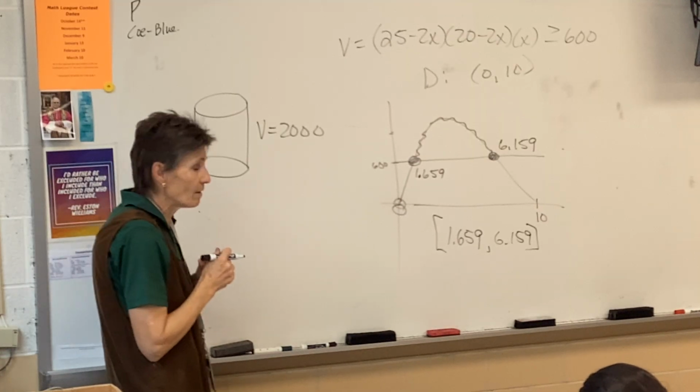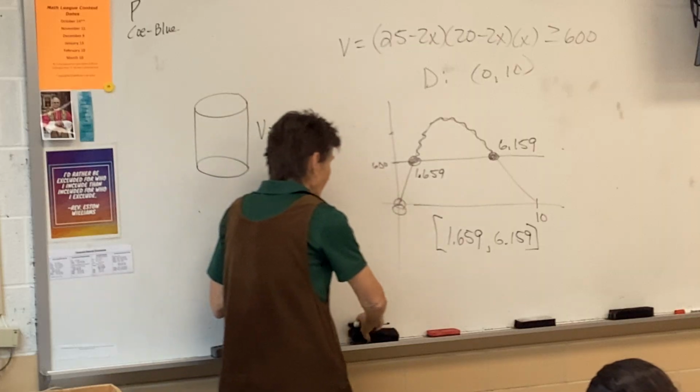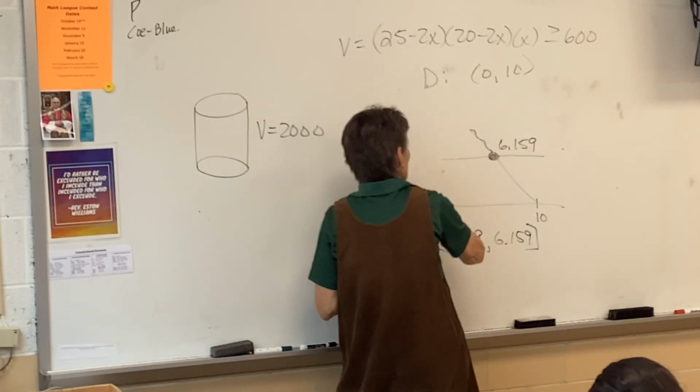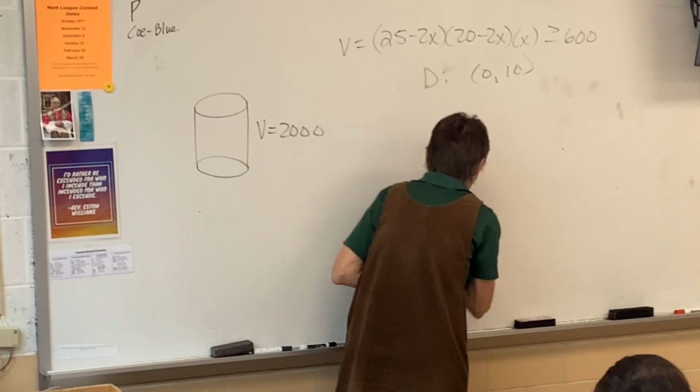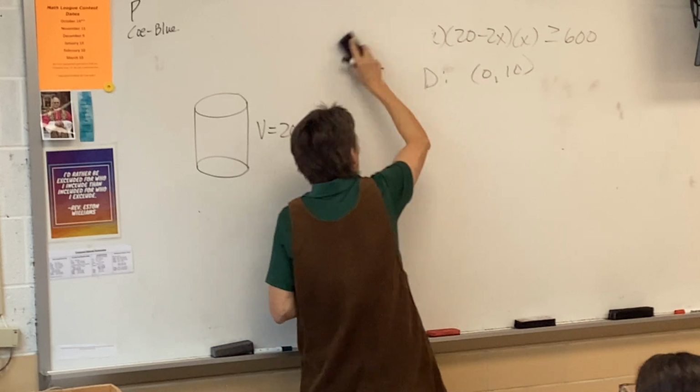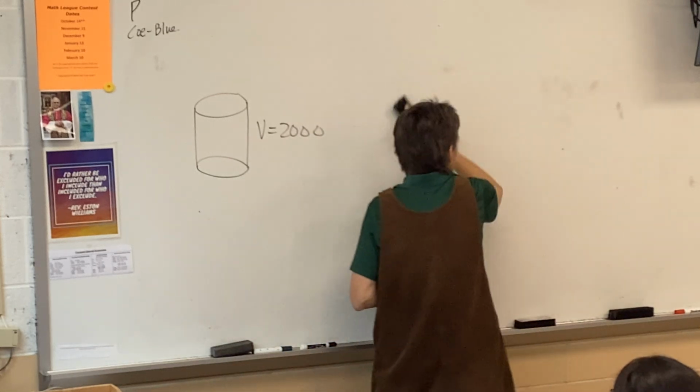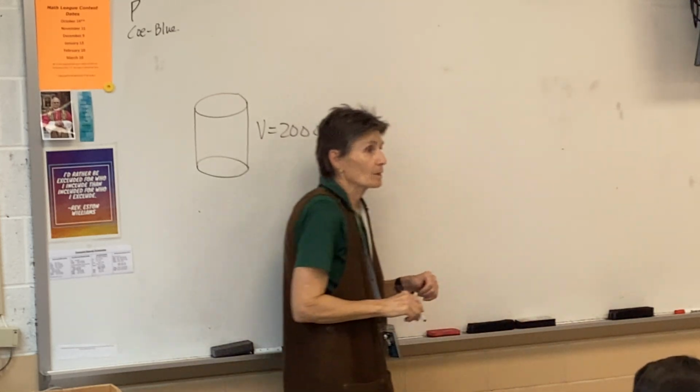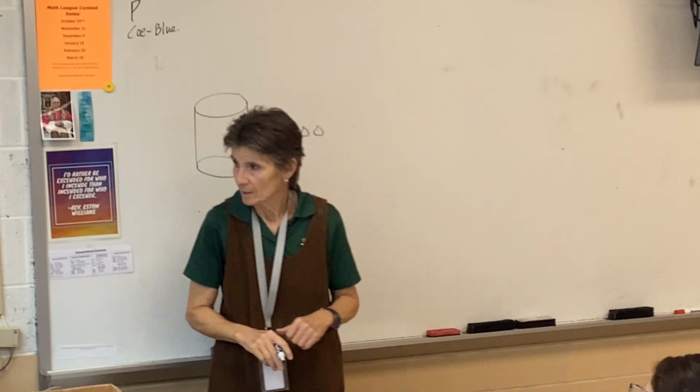Anybody know how to find the surface area of a cylinder? I have a clue, but I need a refresher. First of all, there's 2 pi r squared.